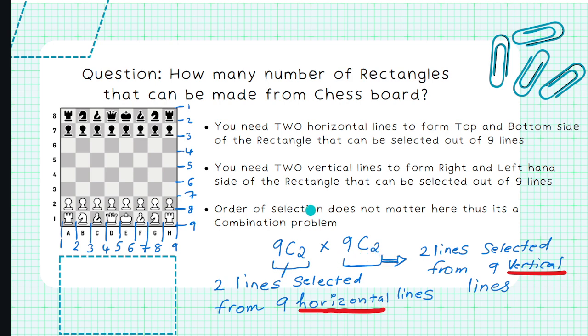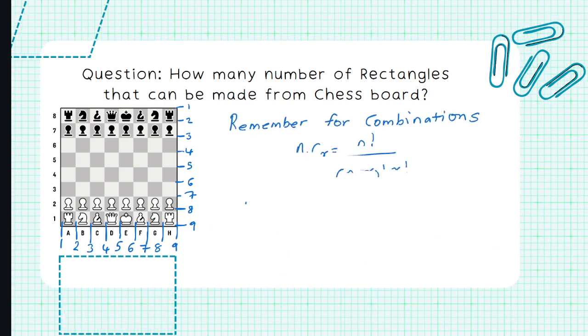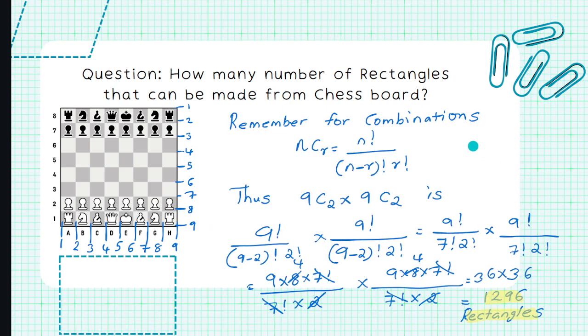So the number of rectangles we can form is 9C2 multiplied by 9C2. Okay? Because one part is for the vertical lines and the other part is for the horizontal lines, as I said earlier. Remember, for combinations, the formula is nCr equals n factorial over n minus r factorial times r factorial.